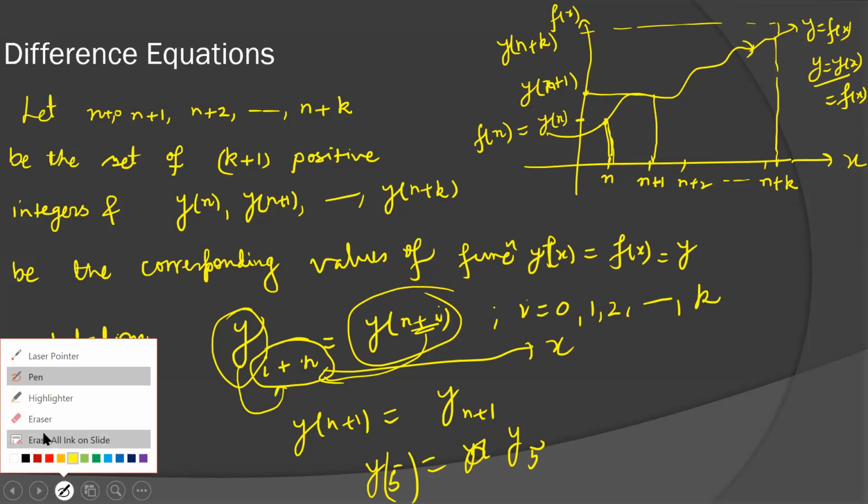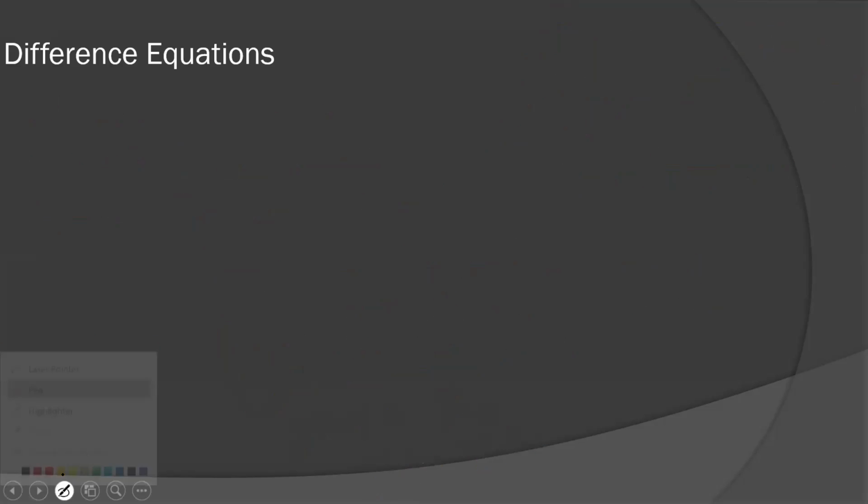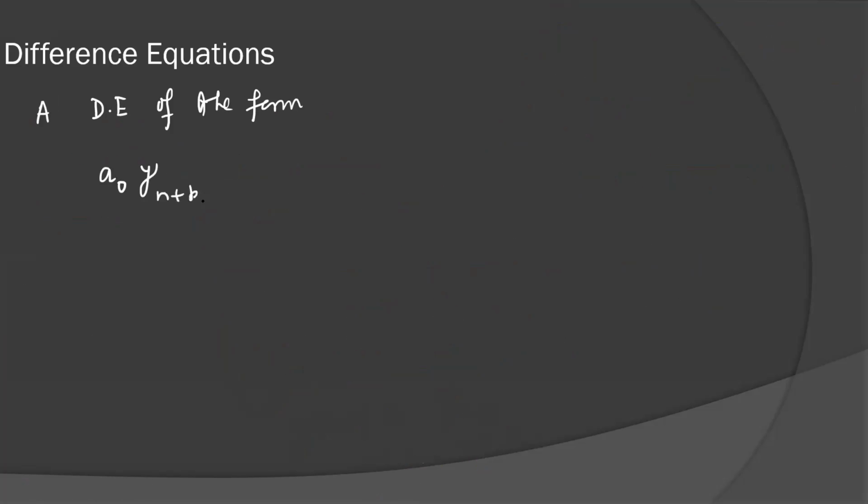Let's see a general expression of a difference equation. A difference equation of the form a naught y of n plus k plus a1 y of n plus k minus 1 plus so on, plus a_k y of n, is equal to f of n.